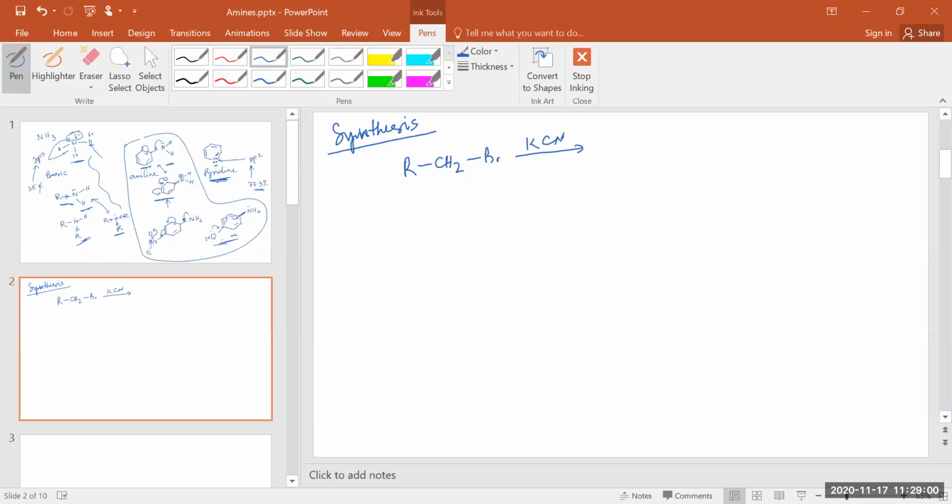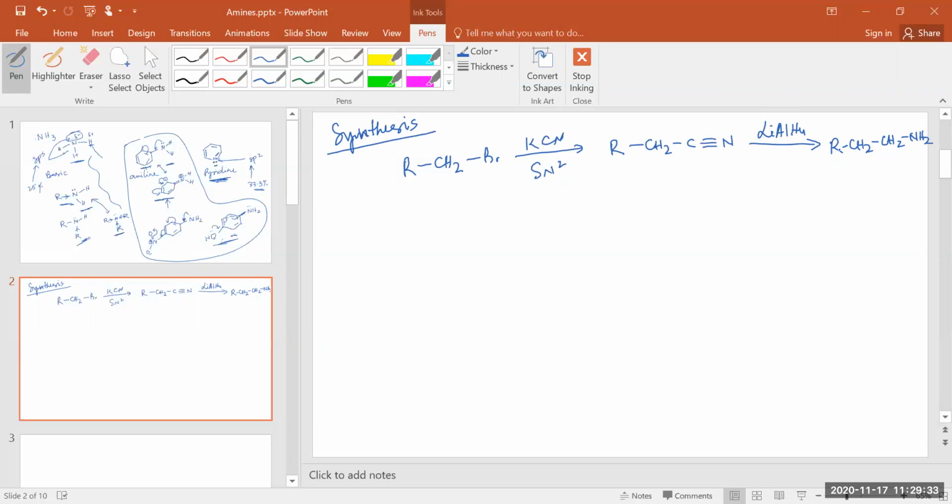There will be an SN2 reaction, and the halogen will be replaced by cyanide. This CN can be reduced to amine by lithium aluminum hydride reduction, which we have already discussed in the acid and nitrile chapter. So CH2NH2. This is one of the methods used to make this.